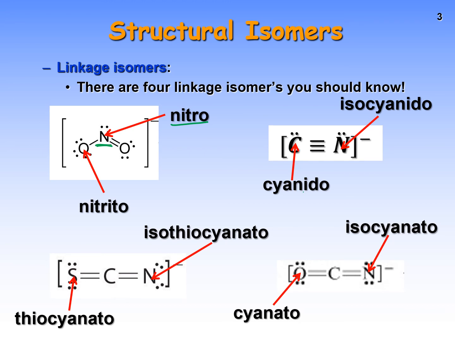And another, where we bond from the O, and that's nitrito. For cyanide, CN-, we also have 2 possible connections. One, when we're bonding from the C, this is called cyanido. And 2, when we're bonding from the N, this is called isocyanido.